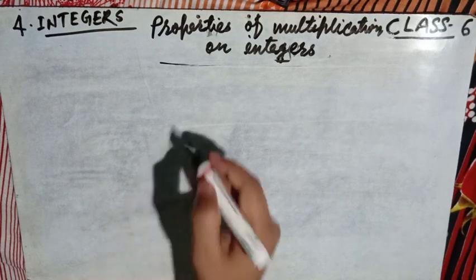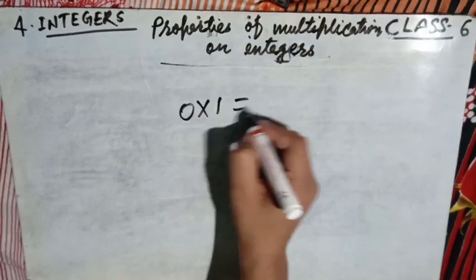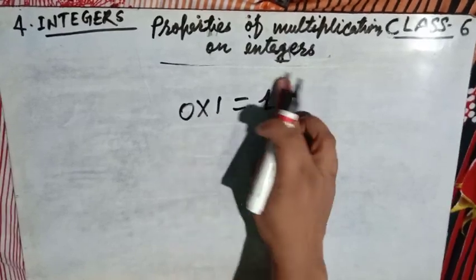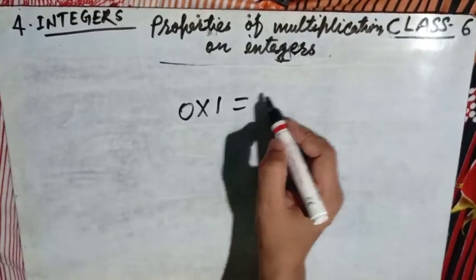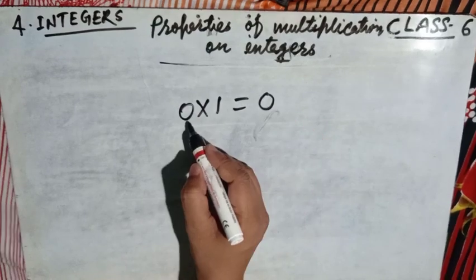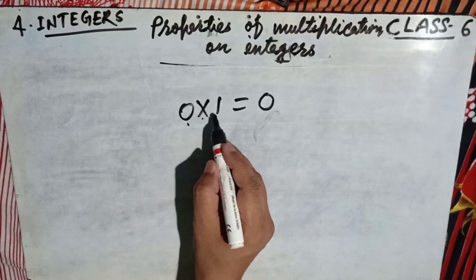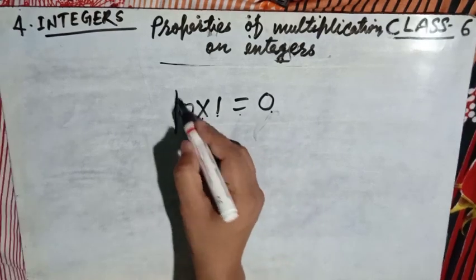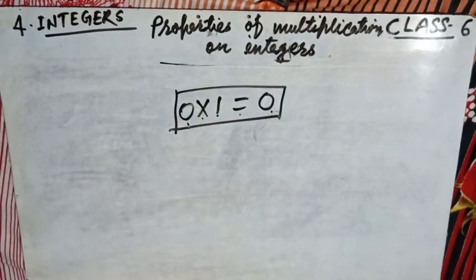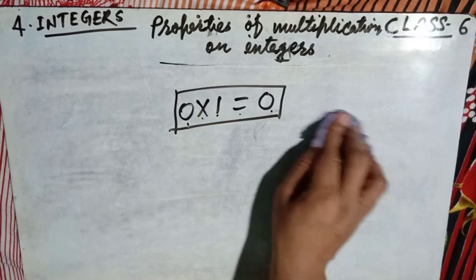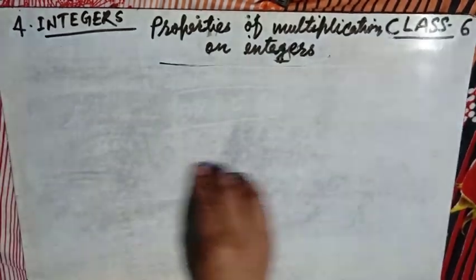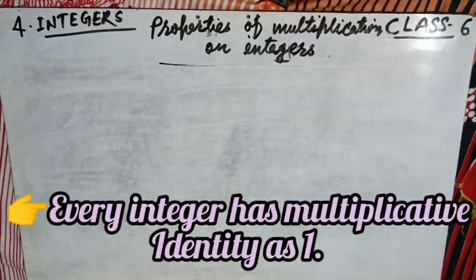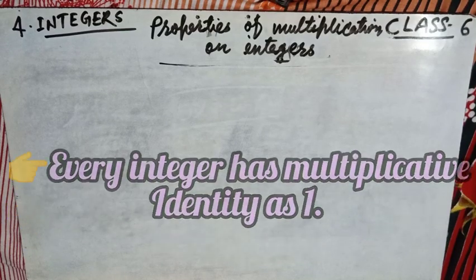Hence the multiplicative identity of 0 is 1, because 0 multiplied by 1 is equal to 0. Here 0 is an integer. An integer multiplied by a particular number is equal to the same integer. I hope you understand. So once again we can say every integer has the multiplicative identity 1.